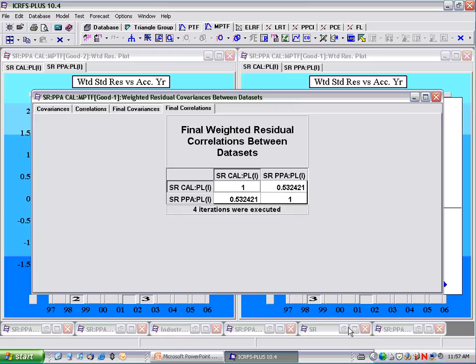So what we've seen so far is two lines, commercial auto liability and private passenger auto. Berkshire Hathaway: no process correlation. Swiss Re: some correlation, 50%, 0.53, 53%.